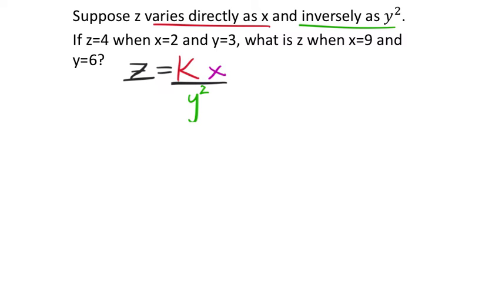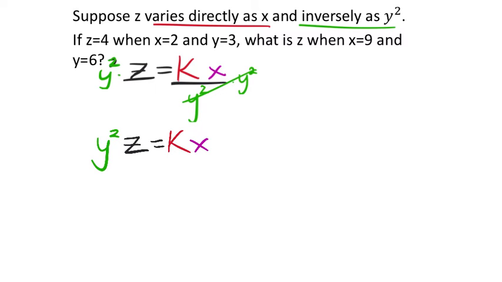So now I need that constant of joint variation right there. I'm going to manipulate this equation, just like we saw on that last slide. I don't want that denominator there, so I'd start by multiplying both sides by y squared. The reason, again, is it makes that a phantom 1. Now I've got y squared times z, don't forget the square part on that, equals the k times the x.